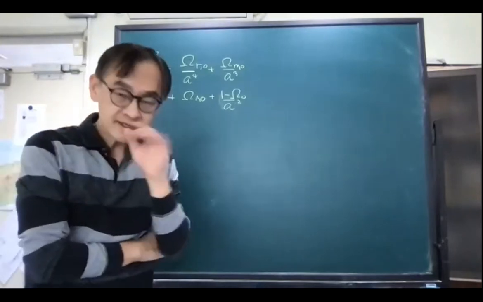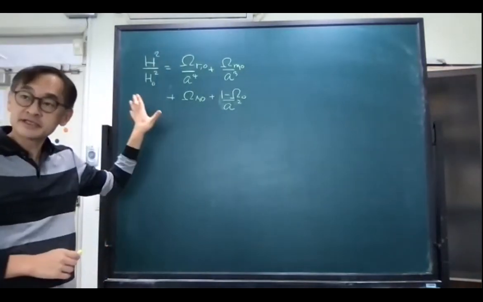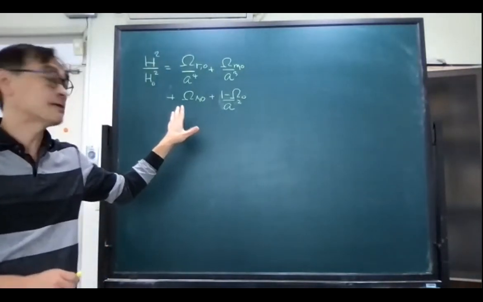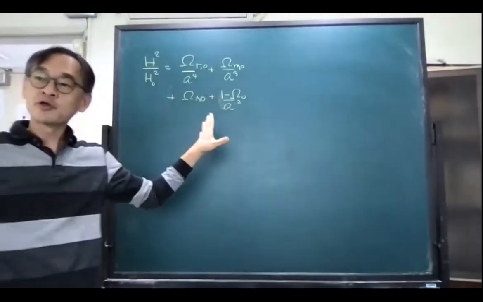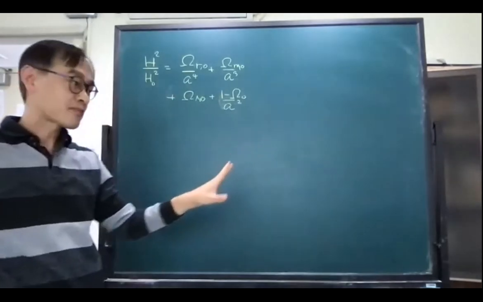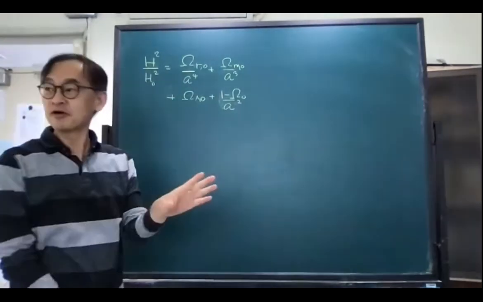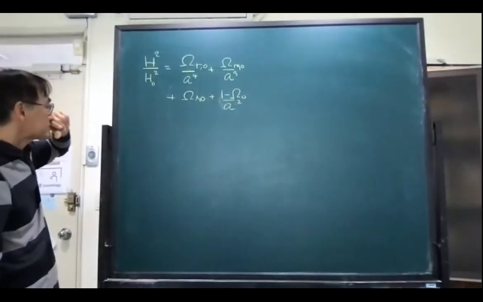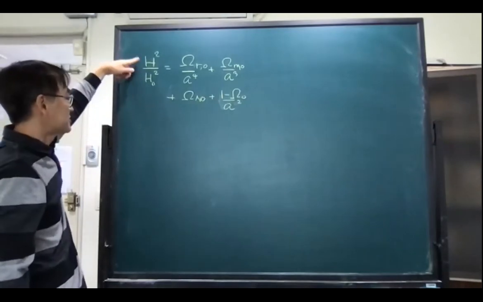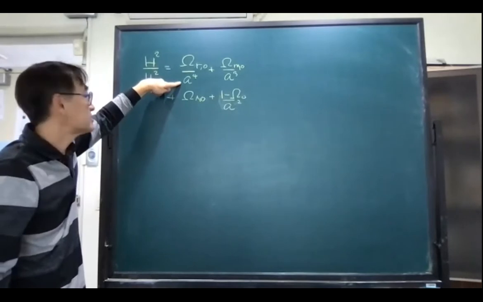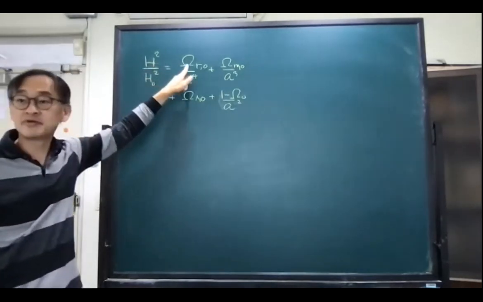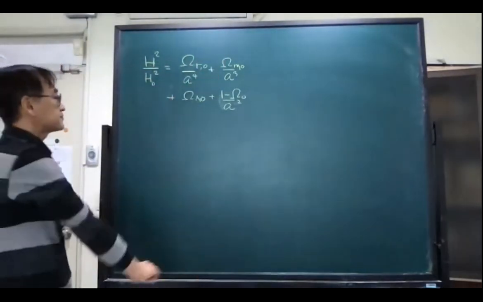There are several advantages of this expression of the Friedmann equation. Number one, it's dimensionless. Number two, it's easy to remember, although you may not agree with me. It's dimensionless because the expansion ratio, the scale factor, is dimensionless, and omega, the density parameter, is dimensionless.